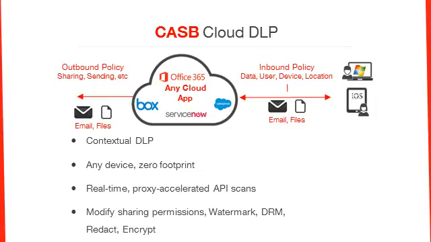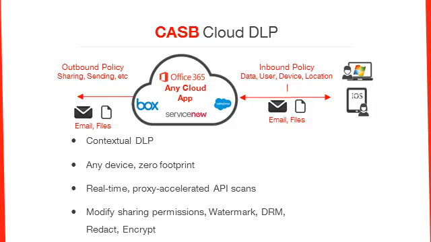So a cloud access security broker, cloud DLP, enables contextual DLP, right? This is absolutely critical to be able to distinguish between different device types, between different locations of a given user, between whether someone is on the corporate network or off the corporate network. One great thing about cloud DLP solutions relative to traditional DLP is you can use any device.